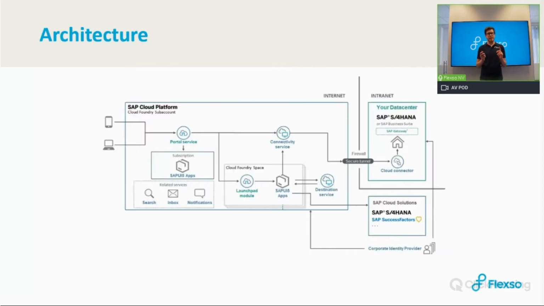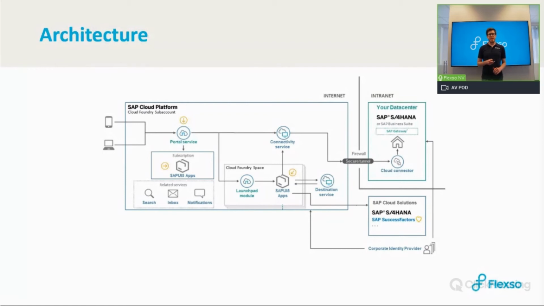Starting at the left corner, we enter our solution via the central point of entry using the portal service. On this portal, we can find the CV matching application as a tile. And this tile can be a UI5 application hosted on your cloud platform, or it can also be available via a subscription.